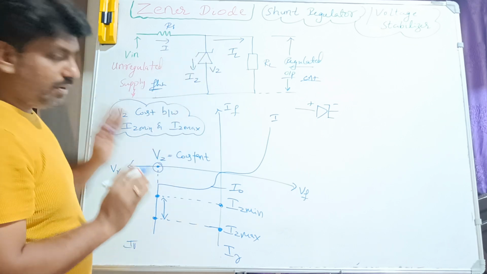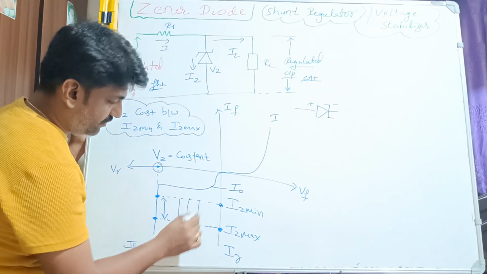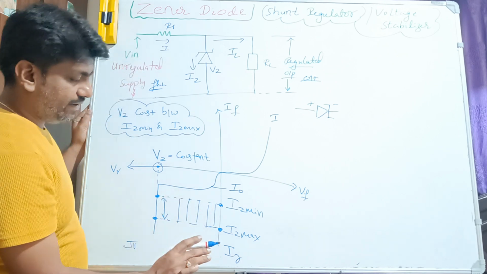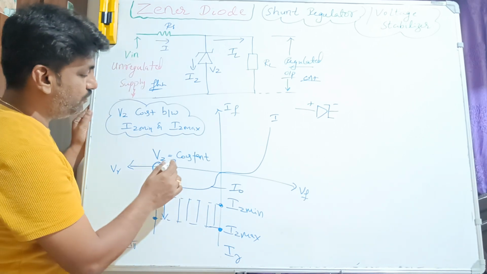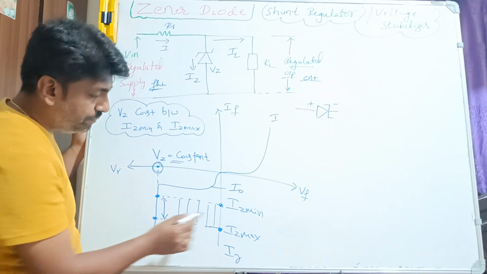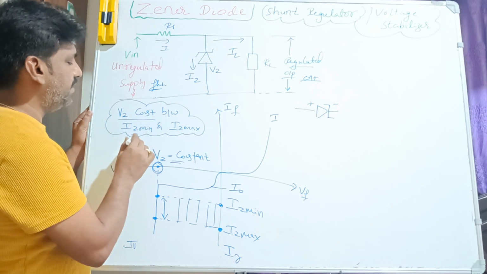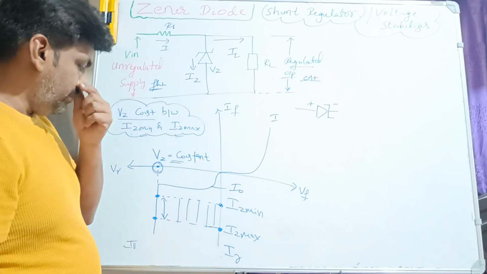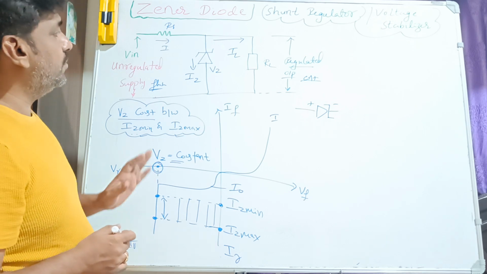It is having some minimum current and maximum current, and between this region it is going to withstand, right? And the voltage Vz is going to be constant between Iz min and Iz max. So that is the advantage of Zener diode.